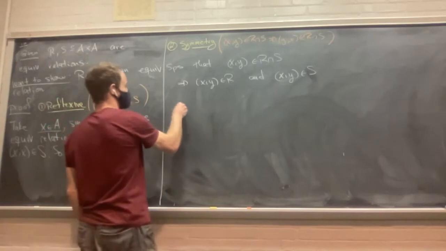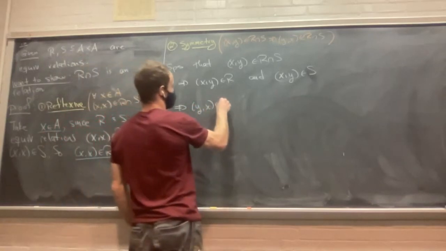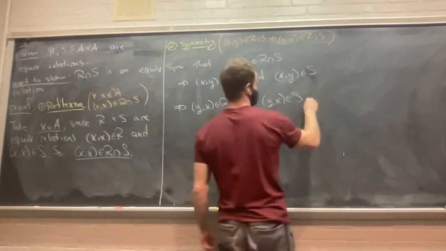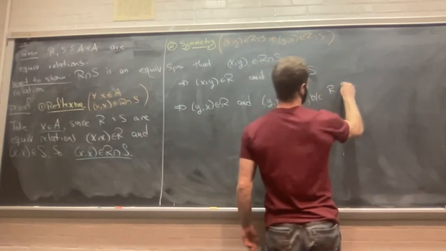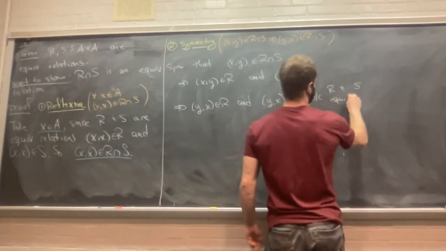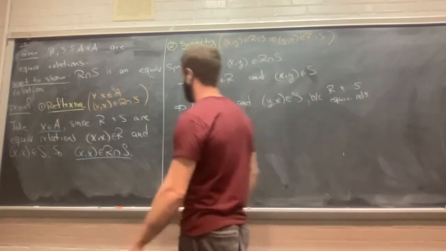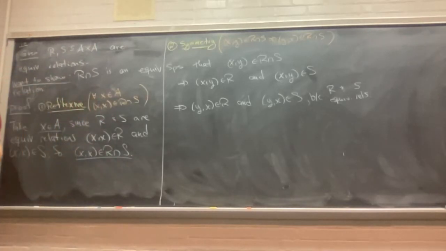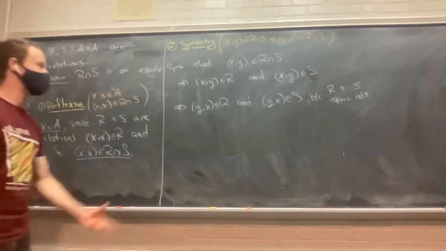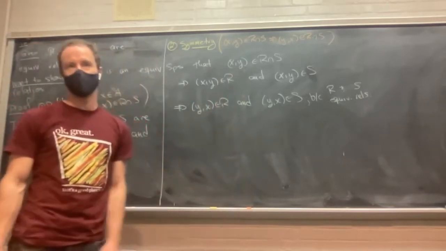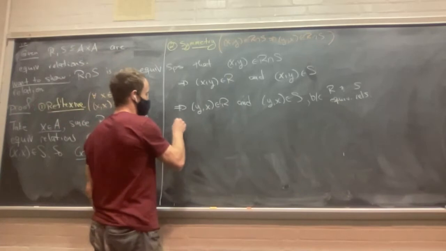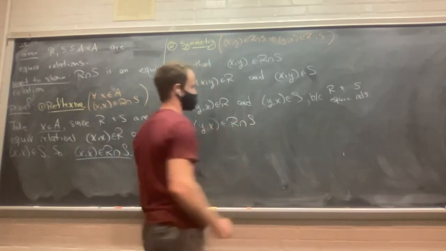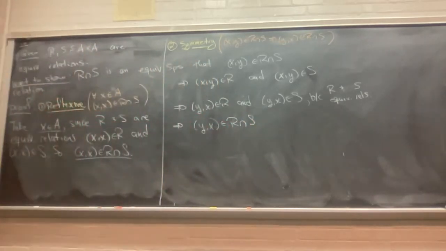So that tells us that (y, x) is in R and (y, x) is in S. That's because R and S are equivalence relations already. We can't use that over here, so we're going to have to use it in all three of the statements. But now we can mash that back together using the definition of intersection to give us that (y, x) is in R intersect S.